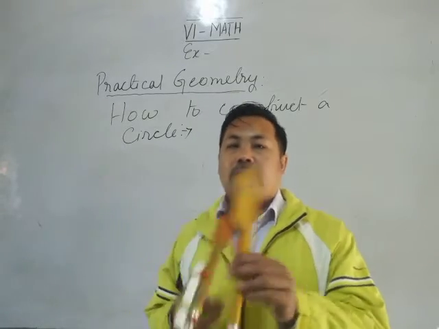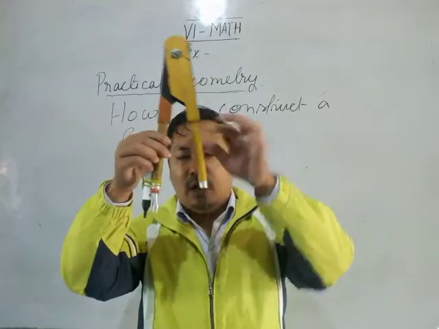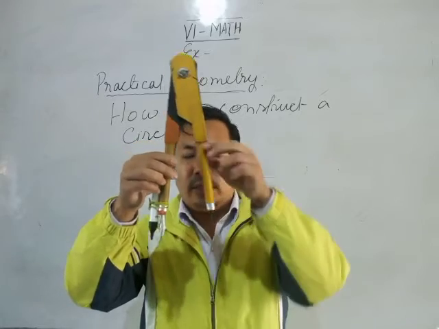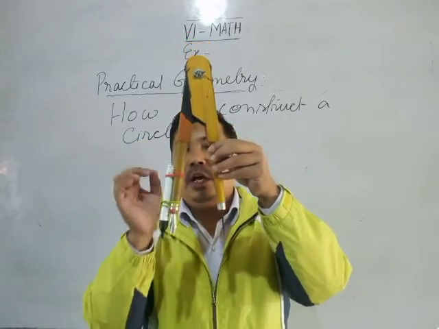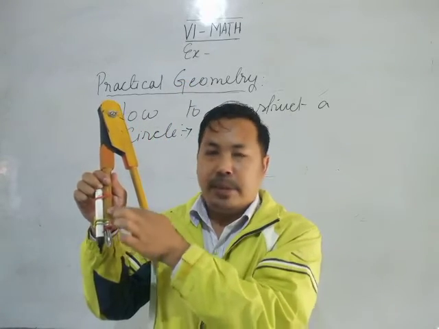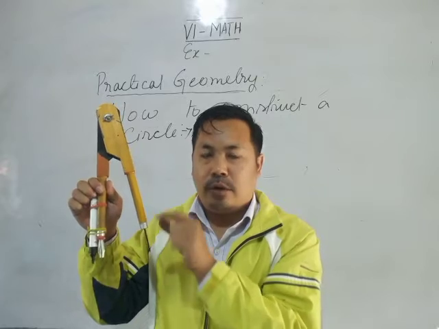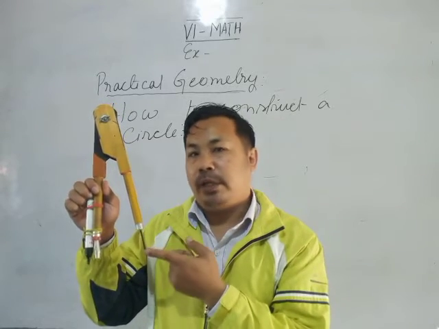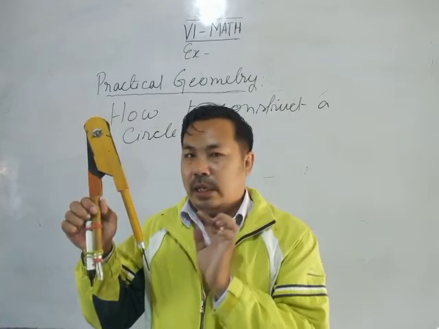Here you can see this is the compass and it has two ends. One is called the pointer and one is called the pencil end. Here I don't have a pencil, but you will get a pencil end here. This is called the pencil end and this is called the pointer.